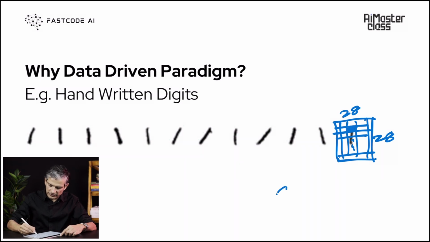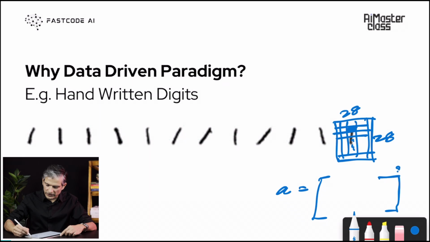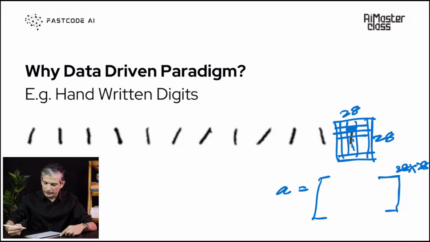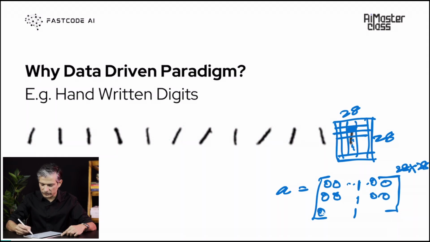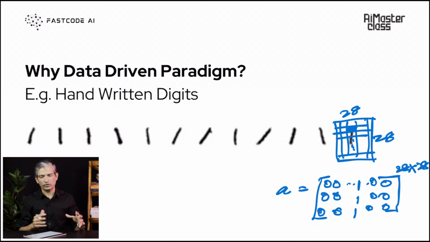So let's say this is our 2D matrix and this is of size 28 cross 28. Why 28? We'll come to that later, but let's just play along. And now all of these are, let's say, zeros except for certain pixels which are, let's say, 1. So this is what then is our representation of this handwritten digit 1 inside our computer.